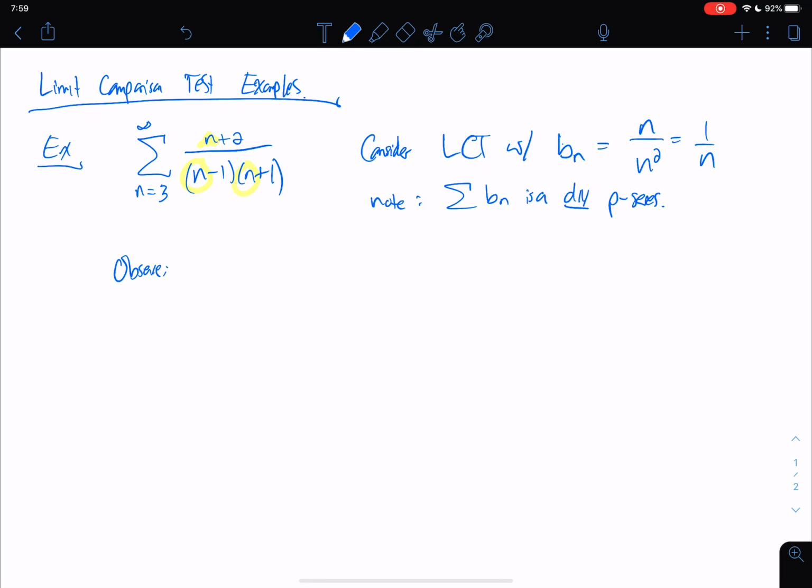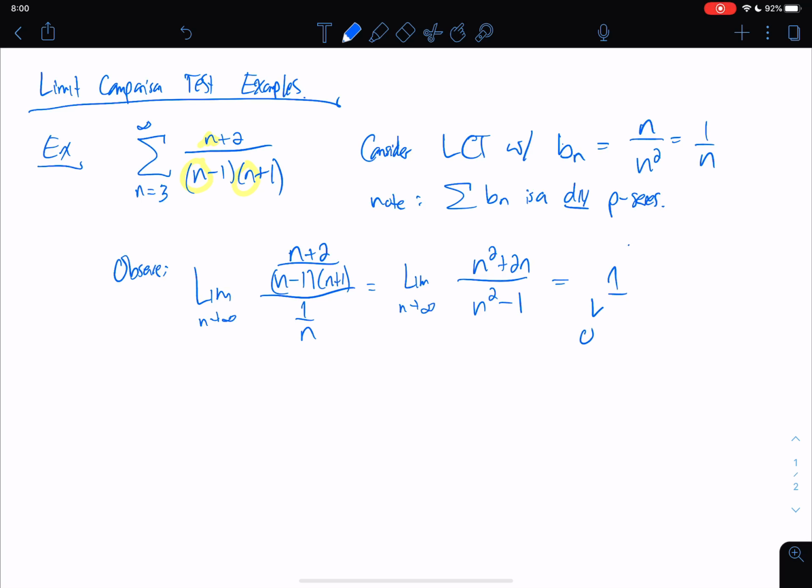Observe that the limit as n goes to infinity of a sub n, which is the given sequence, over b sub n, 1 over n, is the same as the limit as n goes to infinity of n squared plus 2n over n squared minus 1, and we see that this is clearly a 1, which is both non-zero and finite. Thus, by the LCT, the sum of the a sub n diverges as well. So this is just a quick example we saw in class.